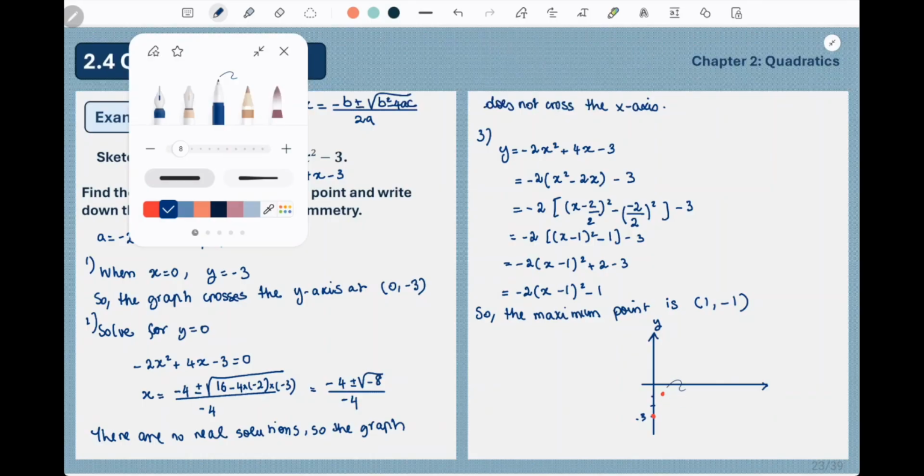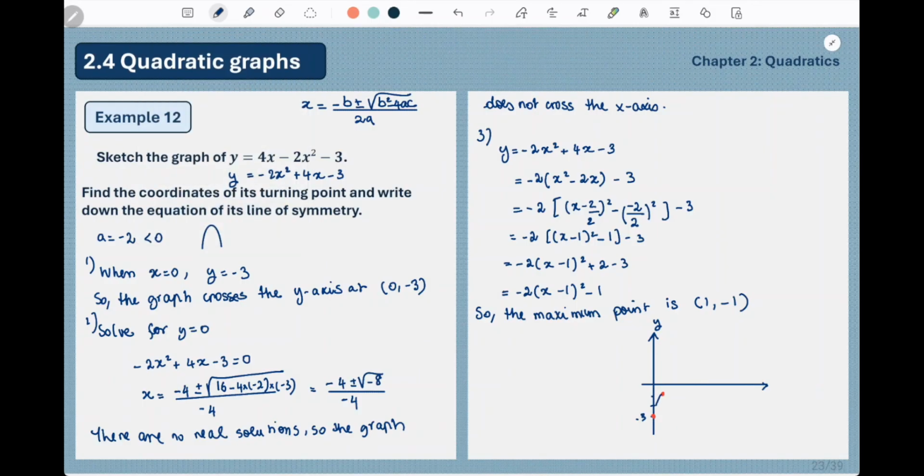And the line of symmetry, as I already told you, the parabola is symmetrical around the maximum or the minimum point. So if I draw this like this, it should be symmetrical on the other side. And you can see that the line of symmetry would be somewhere here, around the turning point, which is going to be x equal to 1.